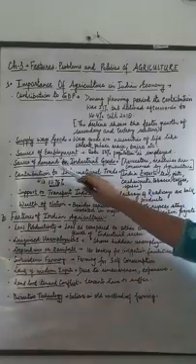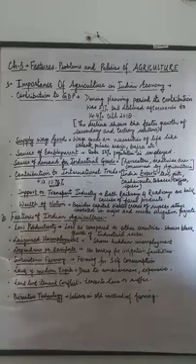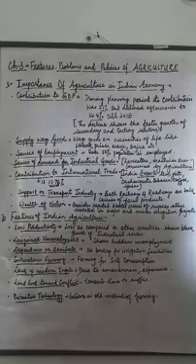Other than that, it's a source of demand for industrial goods. Students, each and every sector is dependent upon one another. You cannot say that the primary sector, or the industrial sector, or the tertiary sector can survive all alone. You people have learned all these things in class 10th.